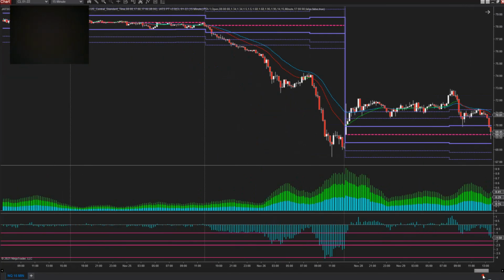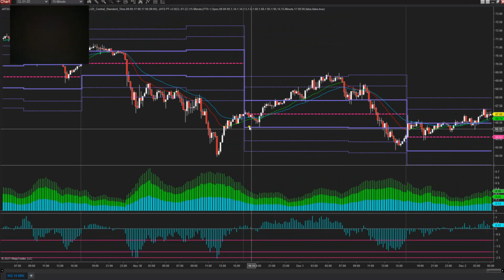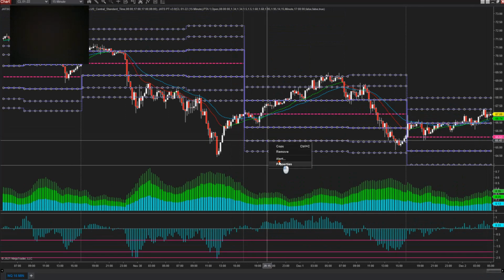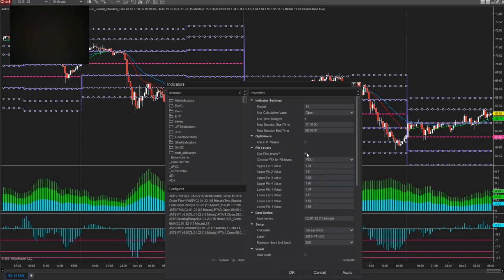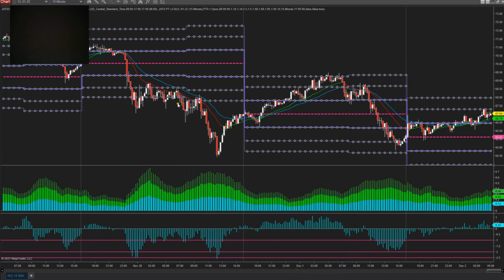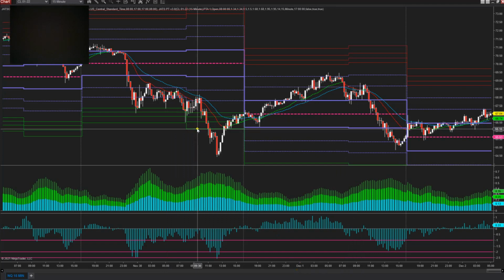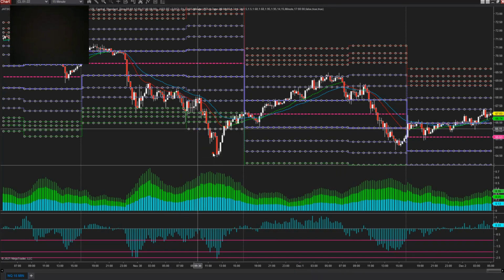But again, you can put the tails on the nighttime also. So if I add the tails to it, that'll give you some targets to trade to. And again, these can be customized.